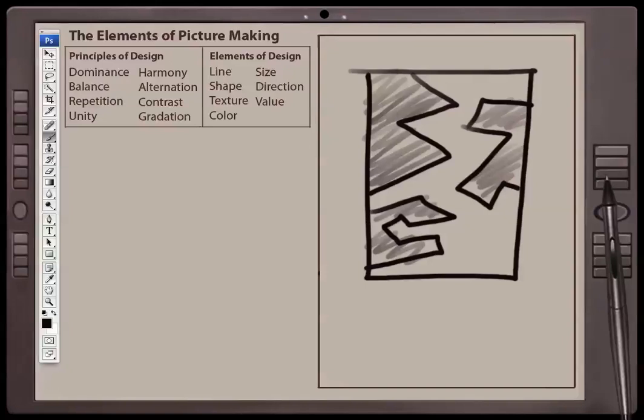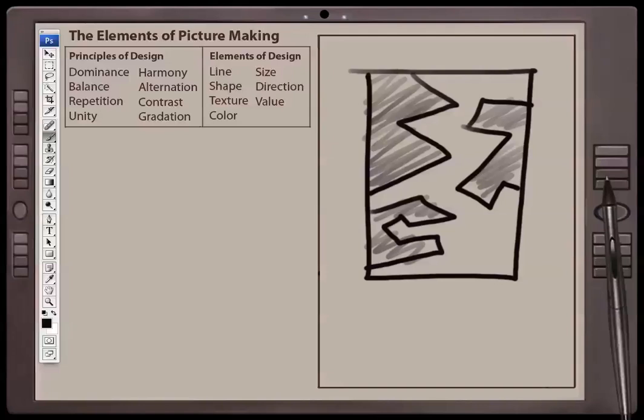And I'll mention this again later on, and there's also a video entirely on shapes in which I go into more detail about the three basic kinds of shapes, and also mention things about shapes in other videos as well. So you're going to be learning about shapes throughout the course.